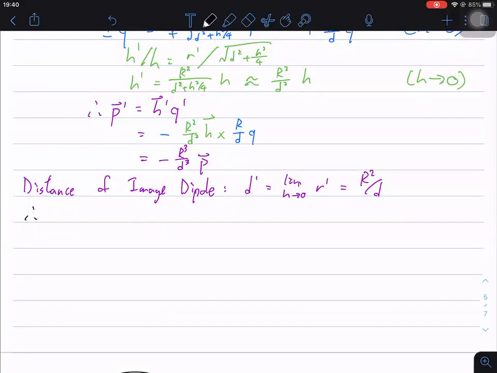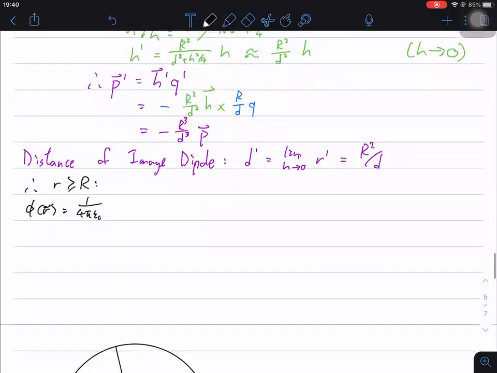For r greater than big R, considering the potential outside the sphere, since there is no monopole moment contribution, we are only considering the dipole moment contribution.